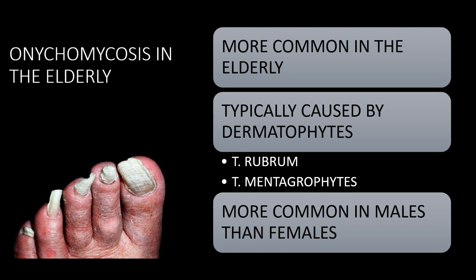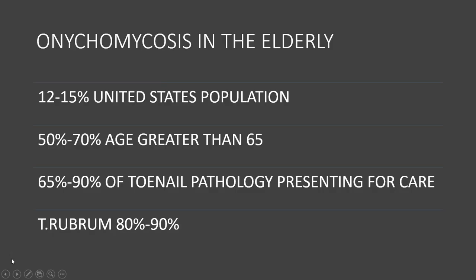We know that onychomycosis is common in the geriatric patient, and we know that most commonly it is caused by dermatophytic fungi, statistically most often T. rubrum, less commonly T. mentagrophytes, and it's more common in men than it is in women. We see various estimates regarding onychomycosis in the older patient.